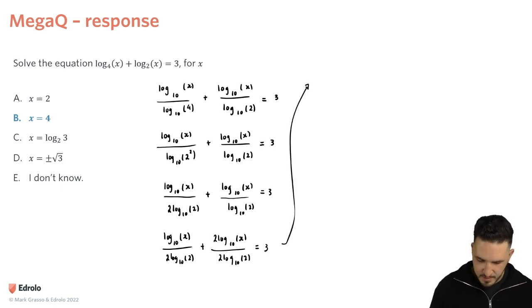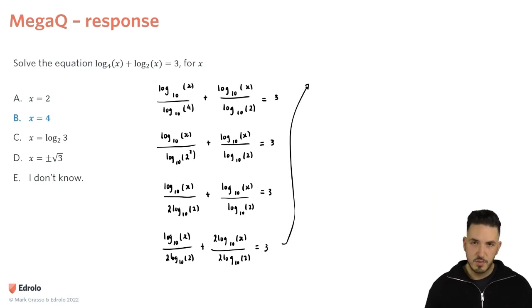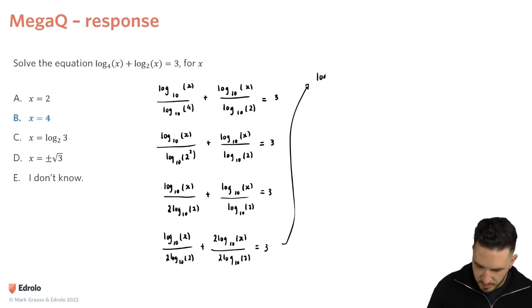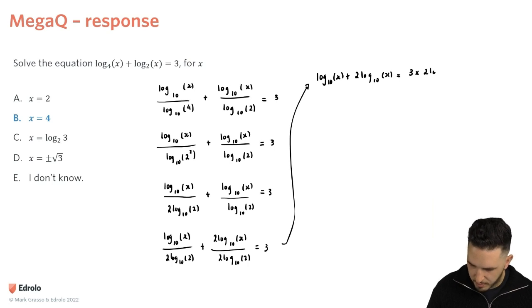What you'll notice now is because we have the same denominator, we can multiply by 2 log 10 of 2 to the other side. So this becomes log 10 of x plus 2 log 10 of x equals 3 times 2 log 10 of 2.